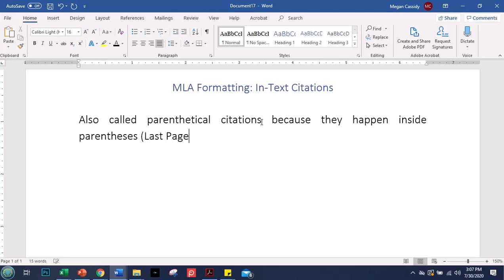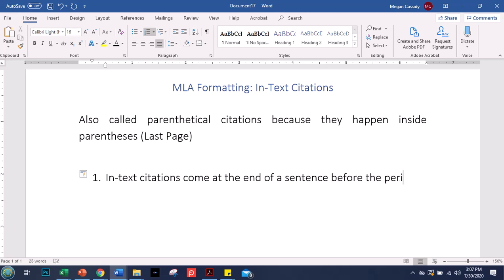Last name, page. Okay. They look kind of like that. They have the last name and then the page number. So that is our first rule: in-text citations come at the end of a sentence before the period.